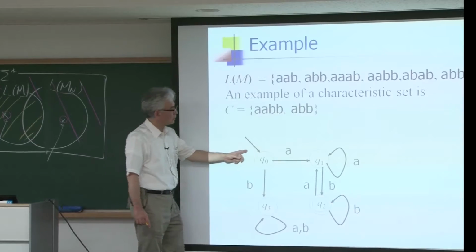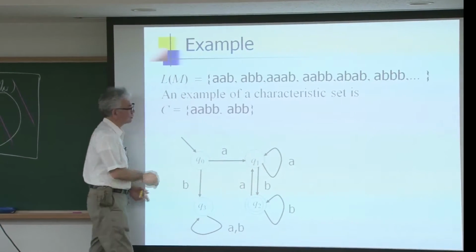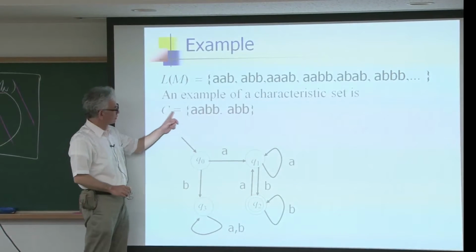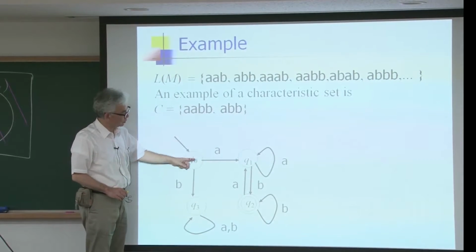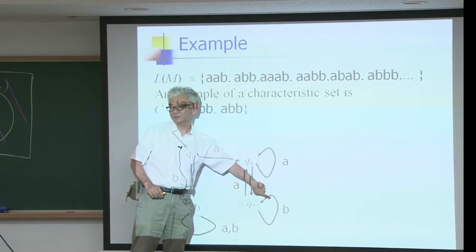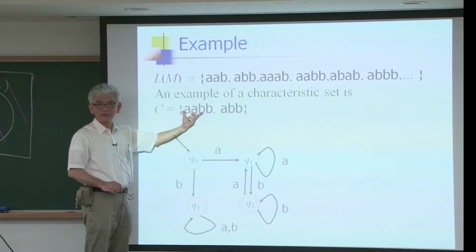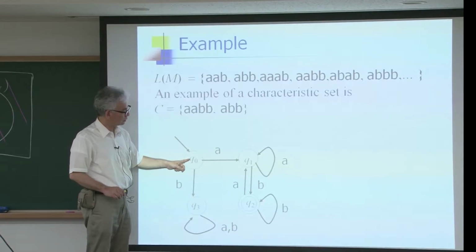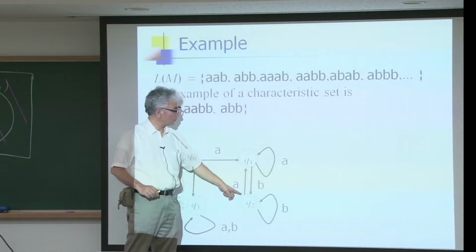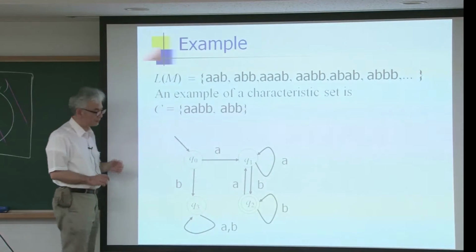For example, this is A, A, B, B. So A, A, B, B means that this string is accepted by this transition and this transition and this transition, this transition. So this string has all information from here to here on the transition.